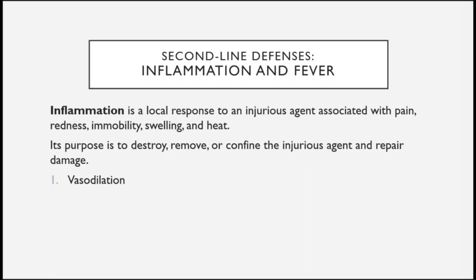It leads to the migration and action of phagocytes. As the blood vessels swell, they become more porous, allowing phagocytes to migrate to these sites. Repair begins during inflammation and is completed after causative agents have been removed.